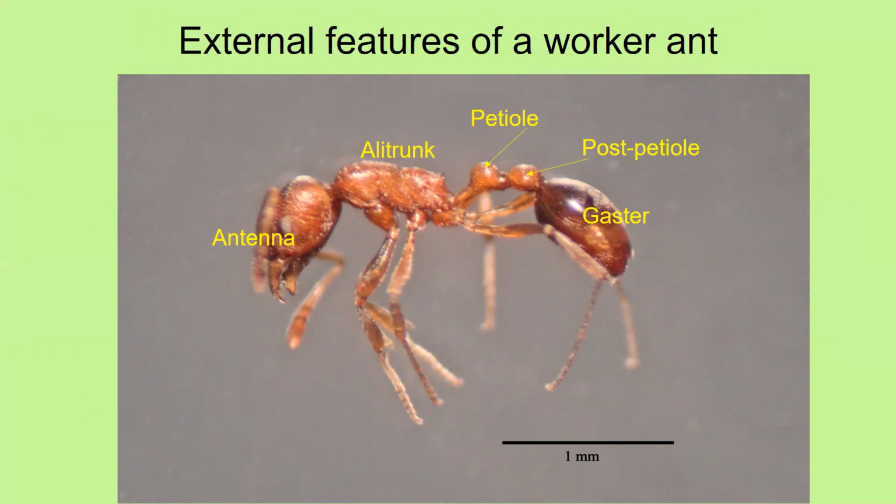Here in this image, it's not very clear. The metapleural gland opening is usually here. I don't know whether you will see it because I am very familiar with it. Therefore, I am showing you the place where you find it. It's usually here. I can see it.